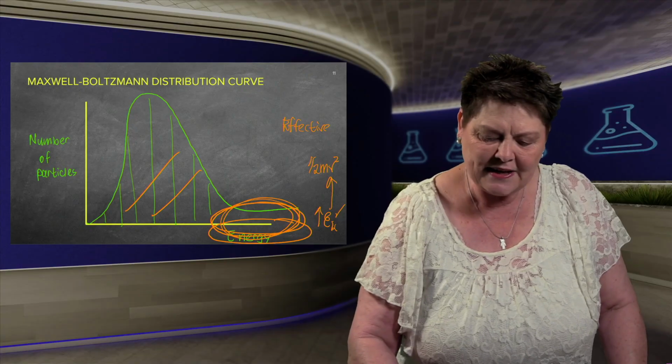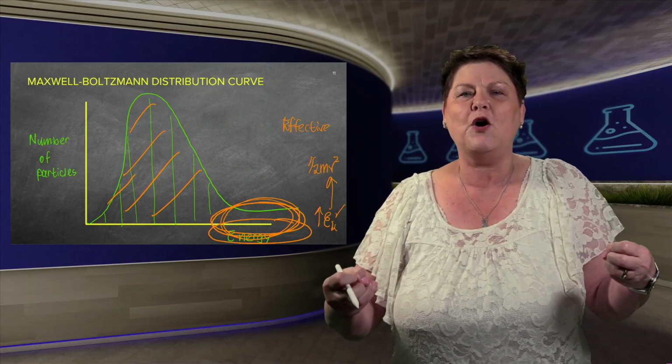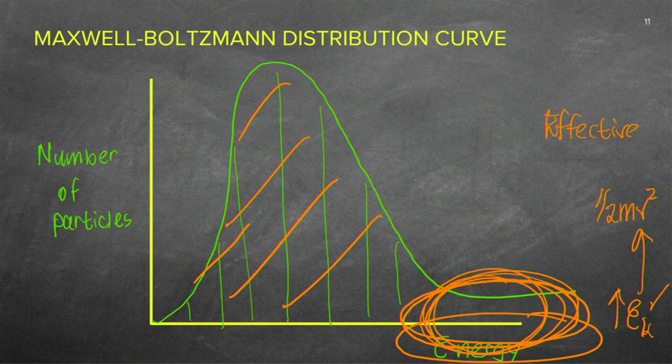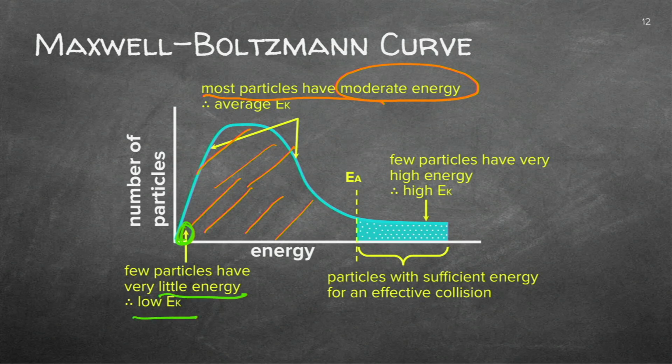None of these have enough energy to actually go into breaking bonds or forming new bonds. So we concentrate on these high energy molecules, and they have enough kinetic energy. Now, to complete this, we've got most of the particles with moderate energy. You can see here in this part of this curve. On the other hand, we also have a few with very little energy, low kinetic energy.